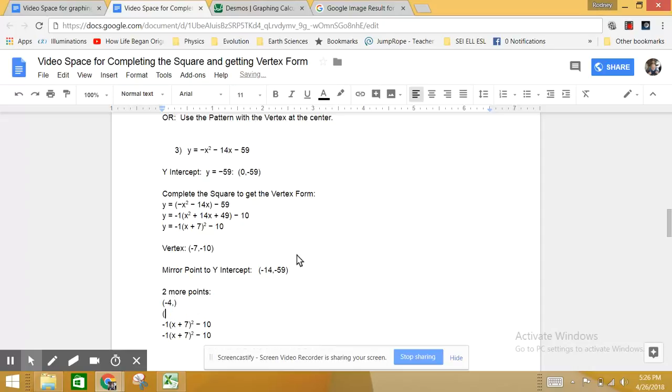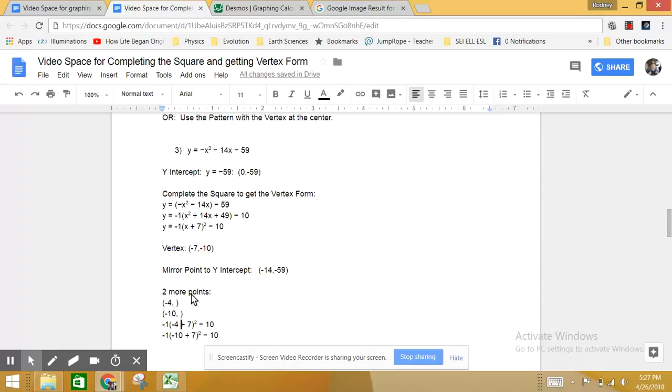And that's 3 away from negative 7. I'm going to get something that's 3 away on the other side. 3 on the other side of negative 7 is negative 10. Okay, so I now am looking for y values that these two x values make. So if I replace x with negative 4 and negative 10, you can predict both of these will produce the same result, but let's go ahead and do the math.